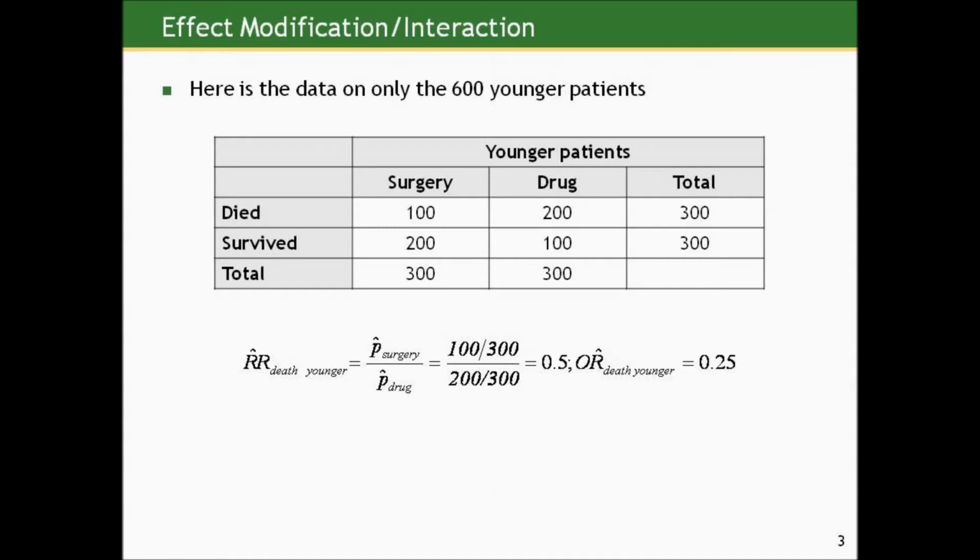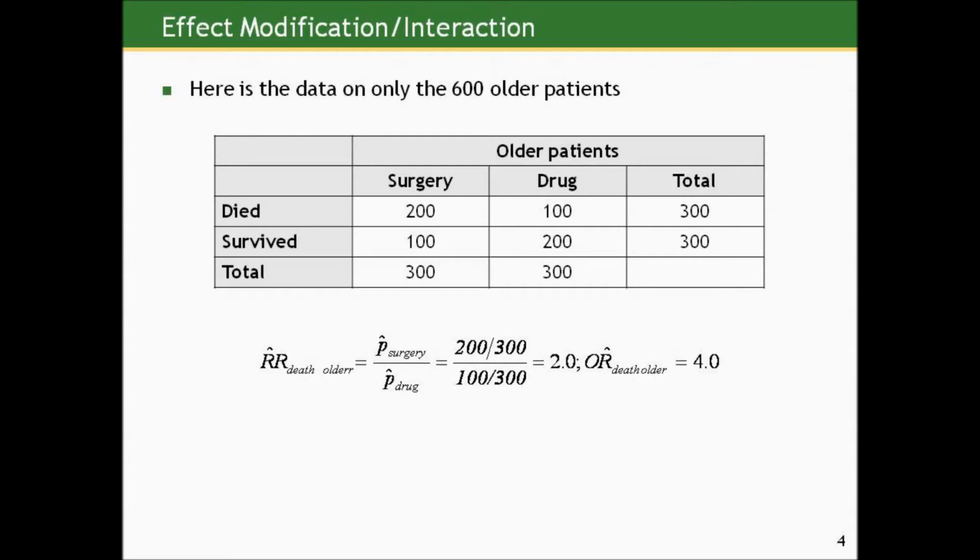Now let's do the same thing for the older patients. We get almost exactly the opposite result. The relative risk of death for those who get surgery versus drug amongst the older patients is that those who get surgery are twice as likely to die in 1 year as compared to those who get the drug. And the odds ratio is 4 to 1 odds.